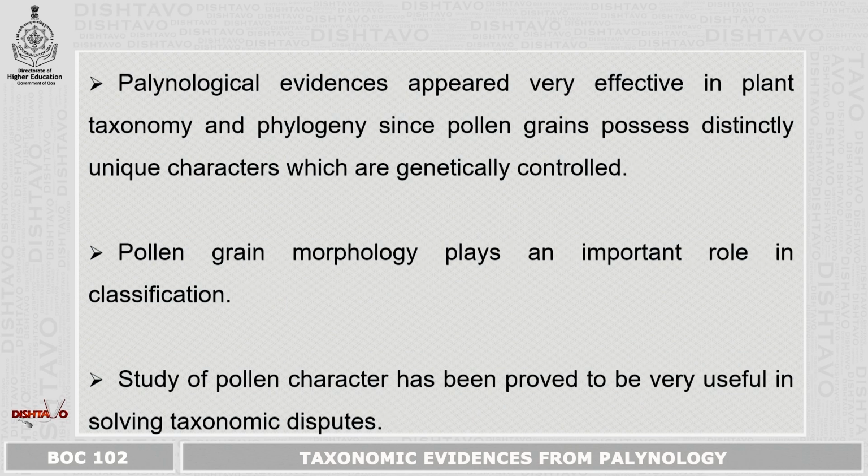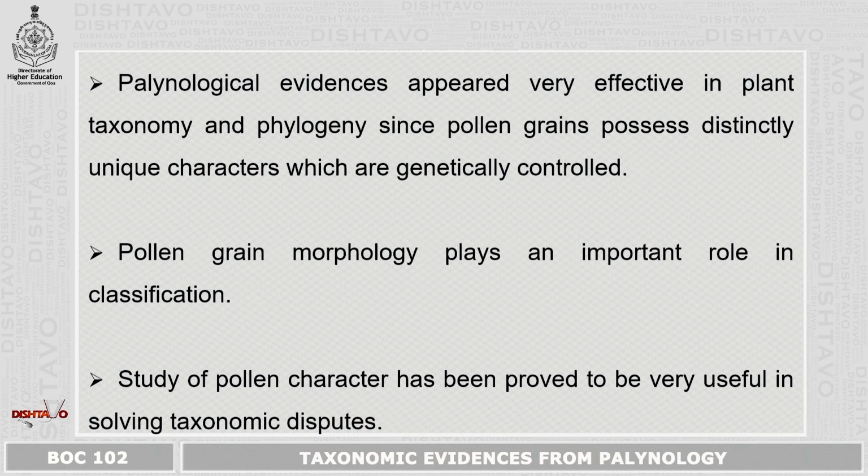Palynological evidences appear very effective, students, in plant taxonomy and phylogeny, since pollen grains possess distinctly unique characters which are genetically controlled. Pollen grain morphology plays an important role in classification.